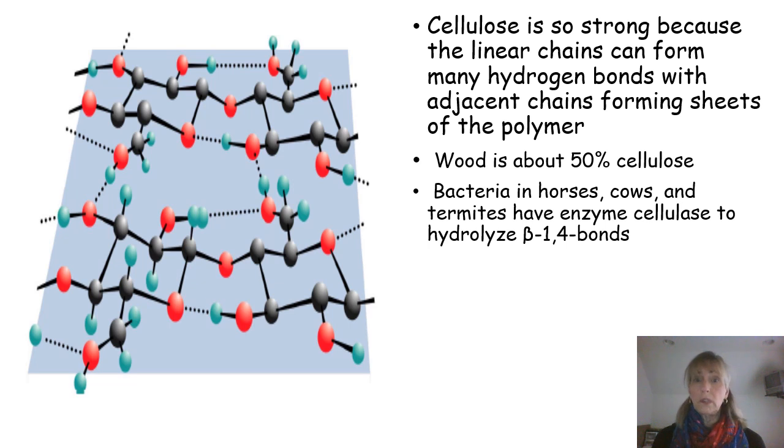Bacteria in horses, cows, and termites have the enzyme called cellulase, which is able to hydrolyze. Remember what hydrolyze means. It means break apart with water, okay? These beta 1,4 bonds. We can't do that super easily, okay? So we don't have cellulase to be able to break it apart.